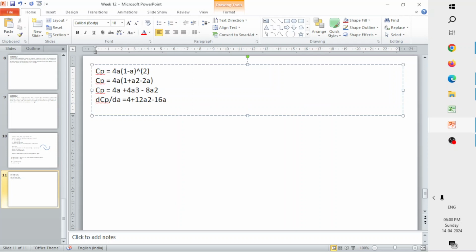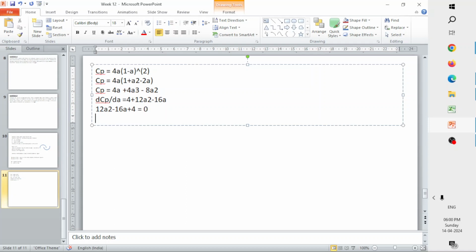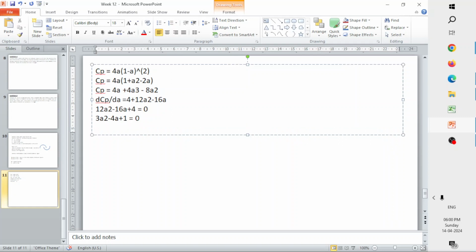So here you have to equate it to 0. You can write it as 12a square minus 16a plus 4 equal to 0. So that will be 3a square minus 4a plus 1 equal to 0.